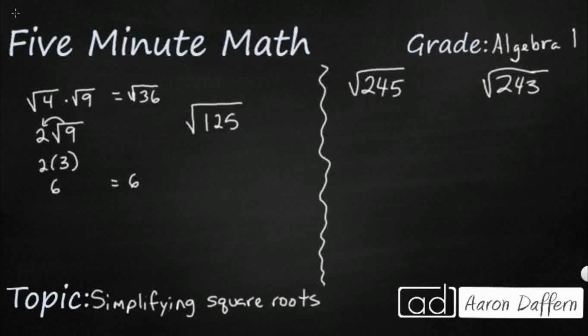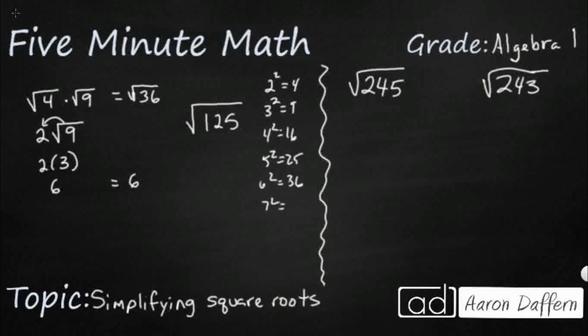So what we're thinking is, what are some of the perfect squares? 2 squared equals 4. Just go through your squares like this: 9, 16, 5 squared is 25, 6 squared we just learned was 36.